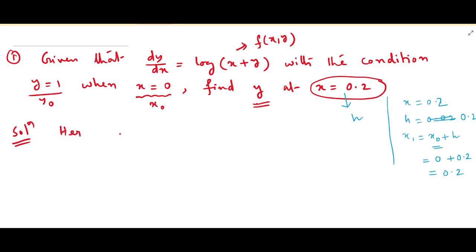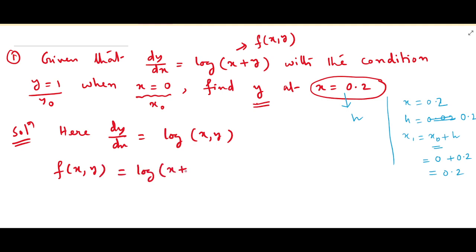So here dy by dx is given as log of x plus y. So our f of x comma y is log of x plus y. Then y naught is 1, and x naught equals 0. To find y at x equals 0.2.